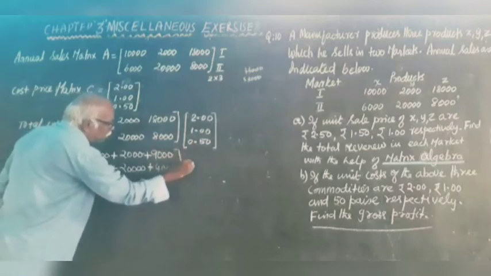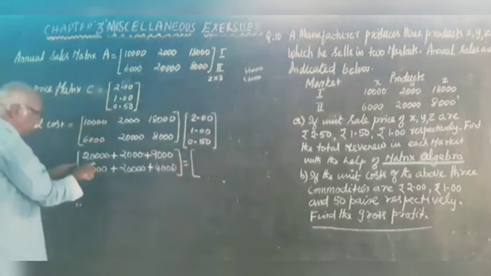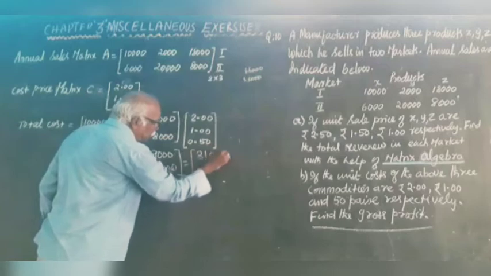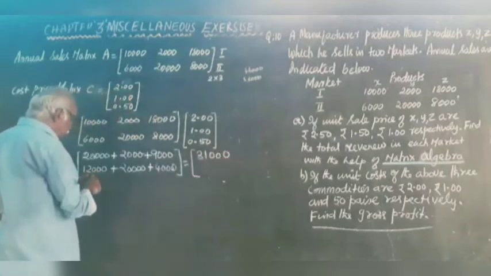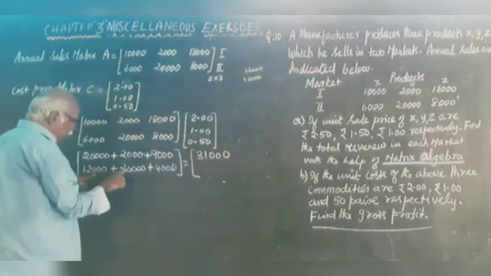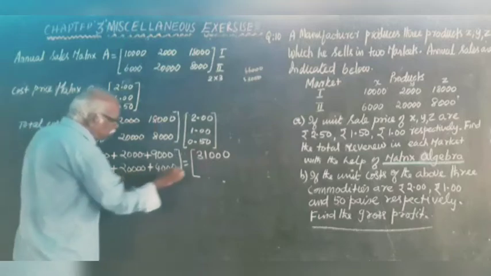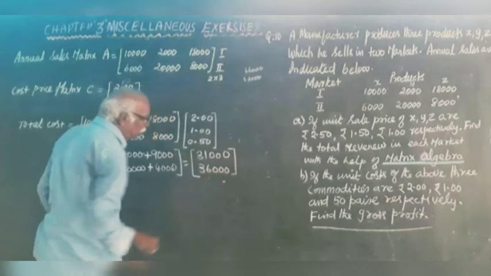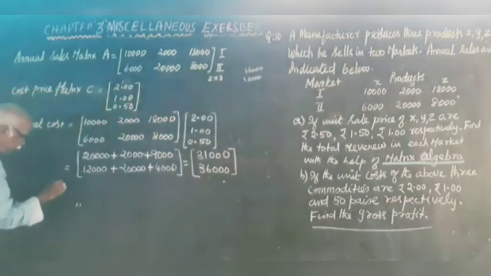Then this is 20,000, 22,000, 31,000. Then this is 12,000, 32,000, 36,000. That is the total cost.